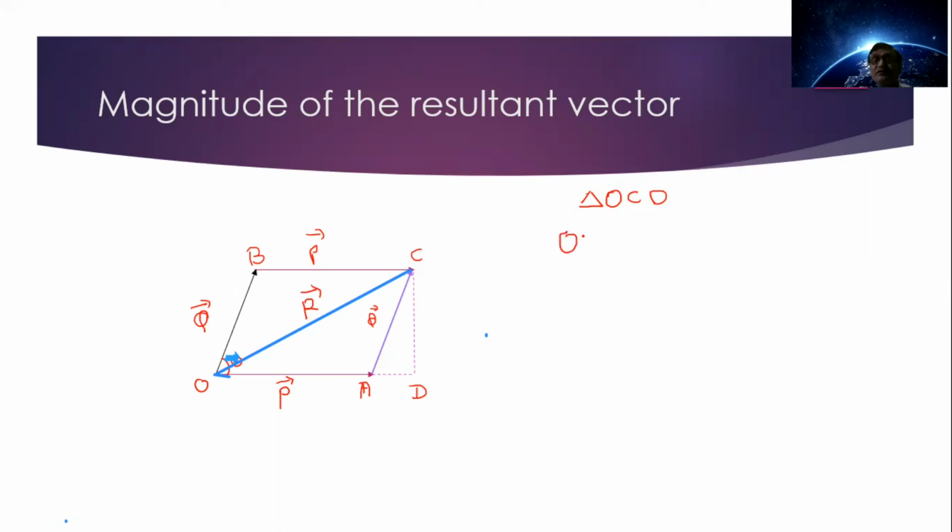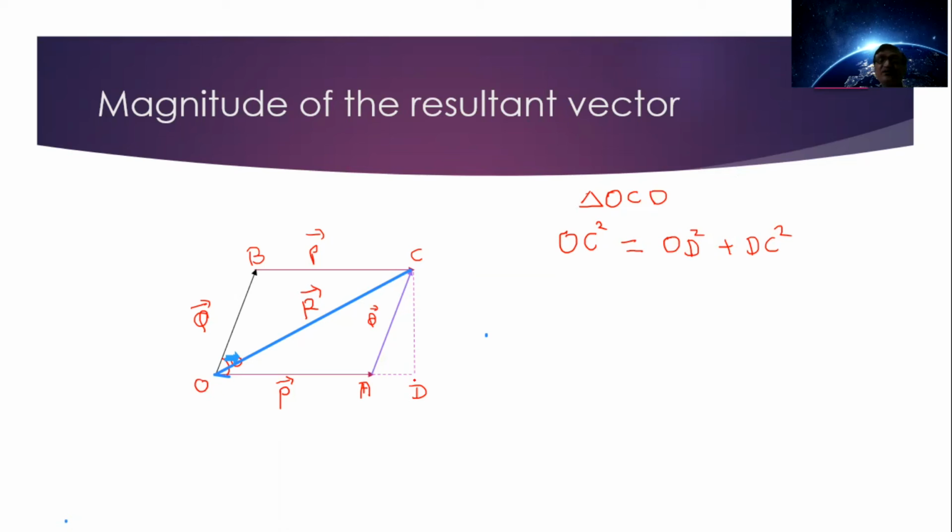Then we write OC square is equal to OD square plus DC square.